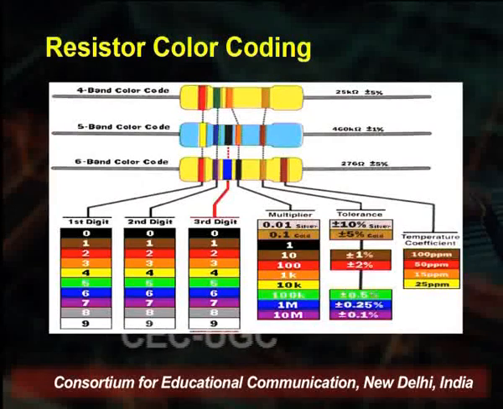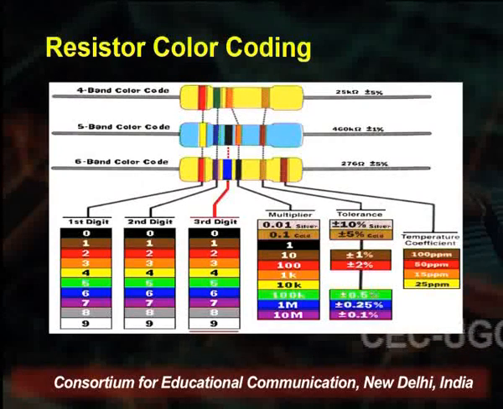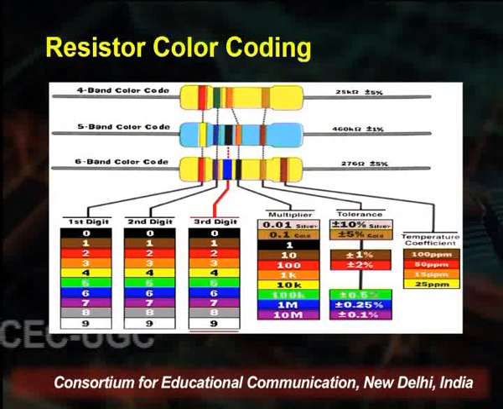Now, for resistor color coding, see on the screen the 4 band color code, where we have 4 lines on the resistor. Now you see the 5 band color code, where we have 5 bands: 3 digits, 1 multiplier and then tolerance.